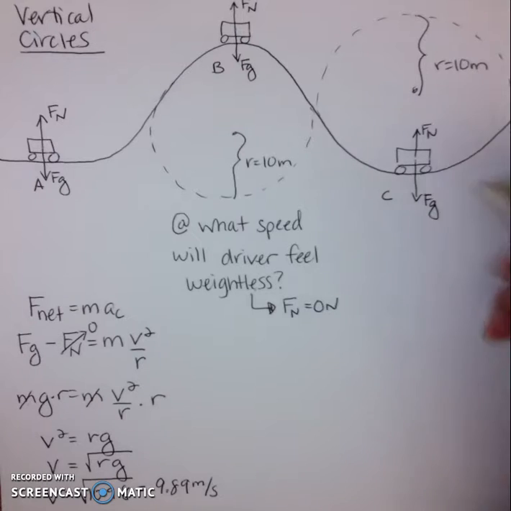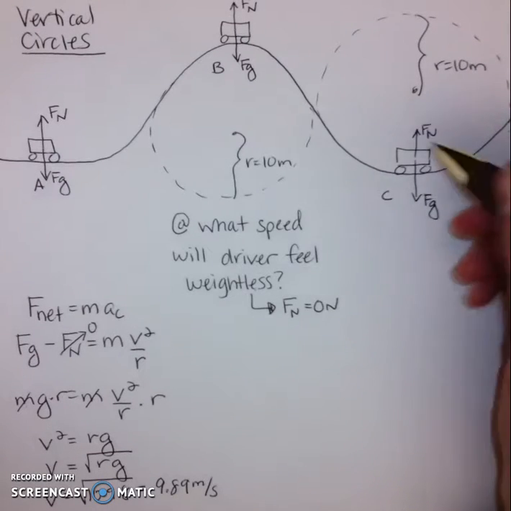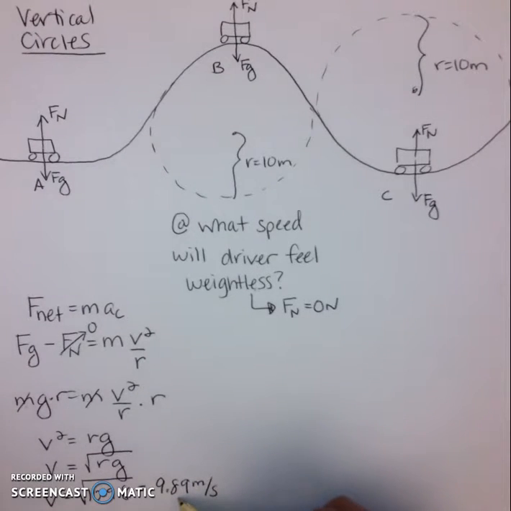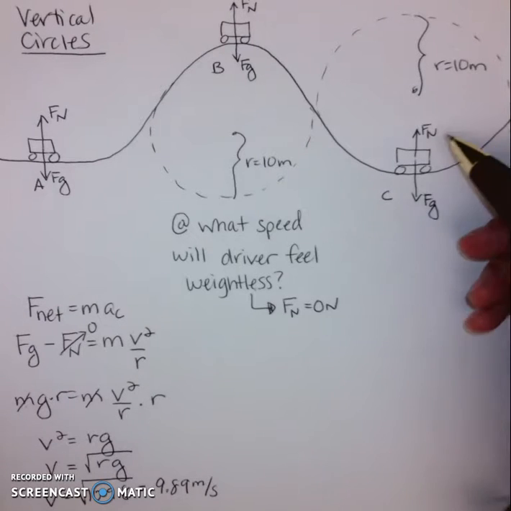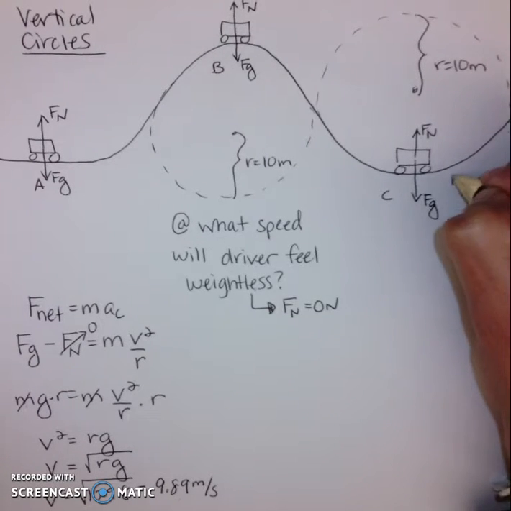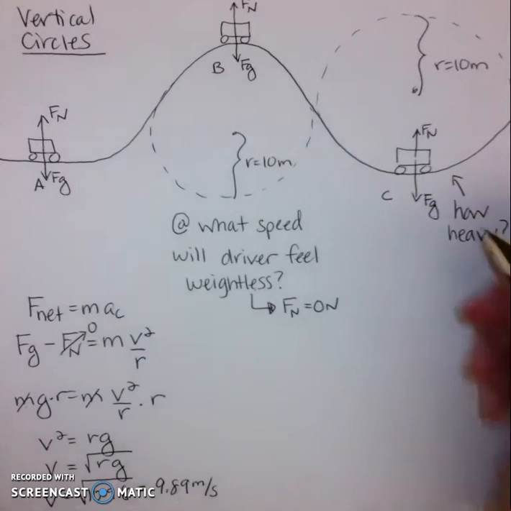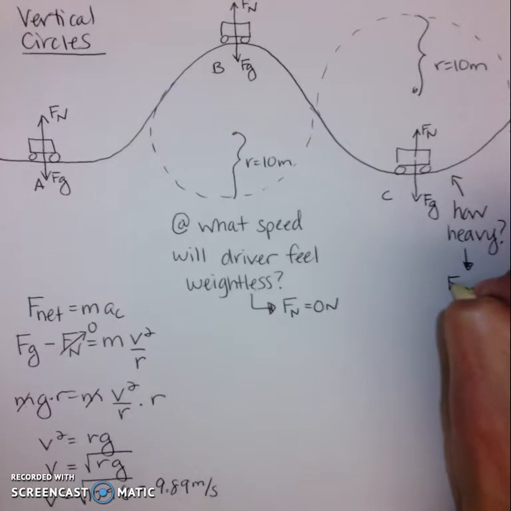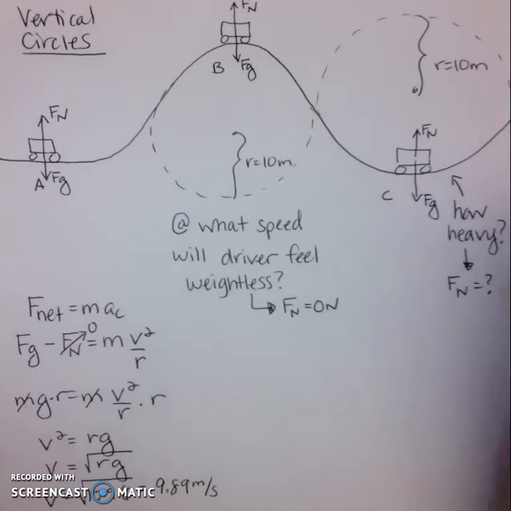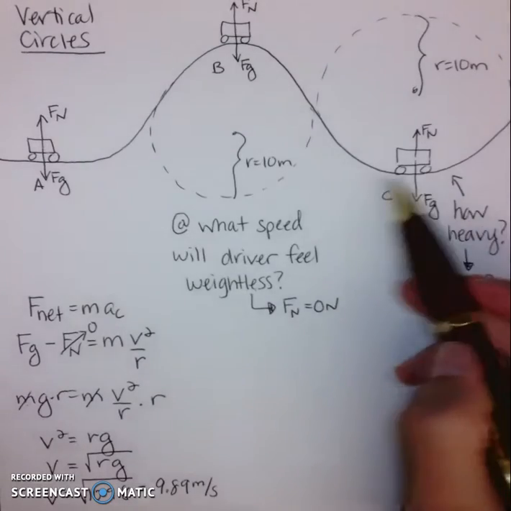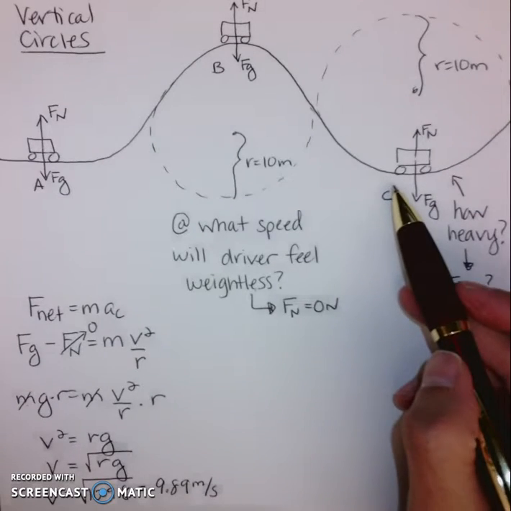Now, what about at point C? If the car is still traveling there with the same speed, how much heavier are they going to feel there? How heavy? That's code for what is the Fn. And so when I look at this circle, oh, something's changed here.